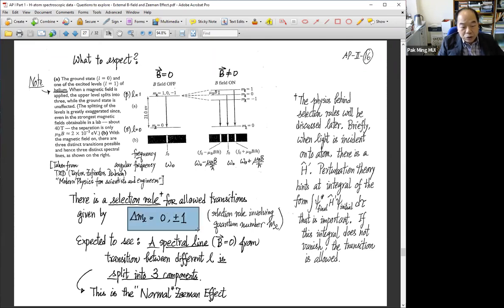I mentioned a selection rule about L: delta L equals plus or minus 1. So 2p, p to s, L equal 1 to L equal 0. There's another selection rule about ML: delta ML is 0 or plus or minus 1.